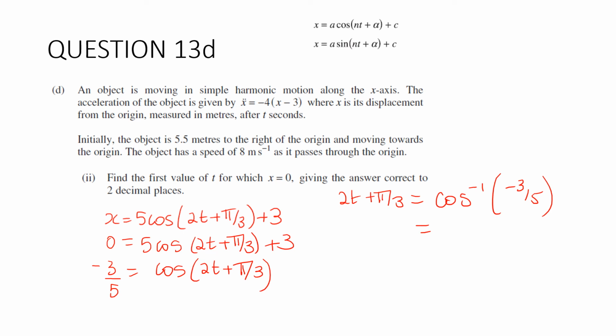Make sure you're in radians. So 2t is equal to 2.214 take away π on 3, which is 1.167. And then dividing by 2, I get, hopefully the answer, 0.58 seconds.